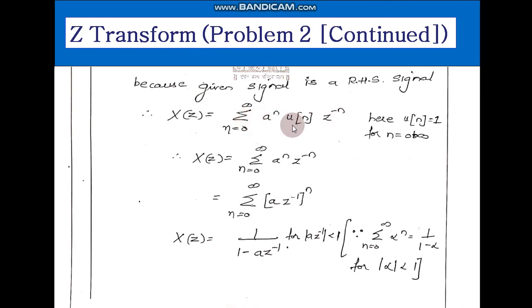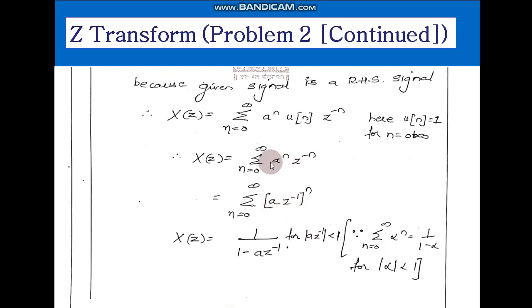We know that u of n is 1 between 0 and infinity, so instead of u of n, if I put 1, this becomes a raised to n multiplied by 1 multiplied by z raised to minus n, or simply a raised to n into z raised to minus n. So X of z becomes the sum from n equal to 0 to infinity of a raised to n z to the power of minus n. If I take n as common and put it in brackets, this becomes a z inverse, a z inverse.